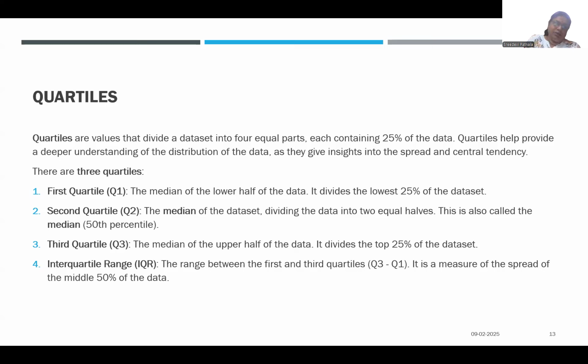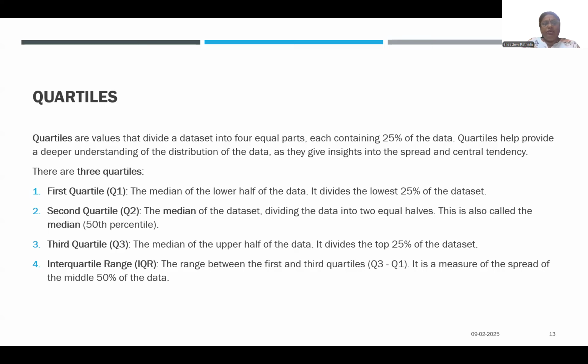So let's go through what the formulas are and how to do this for grouped data and ungrouped data. Quartiles are values that divide a data set into 4 parts, each containing 25% of the data. Quartiles help provide a deeper understanding of how the data is distributed and spread around the central tendency.